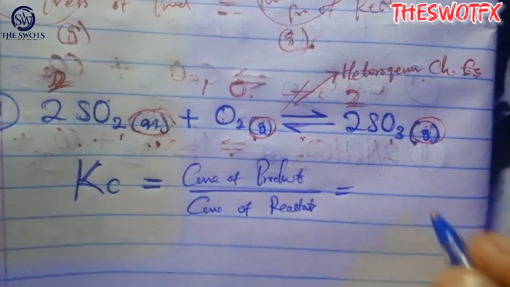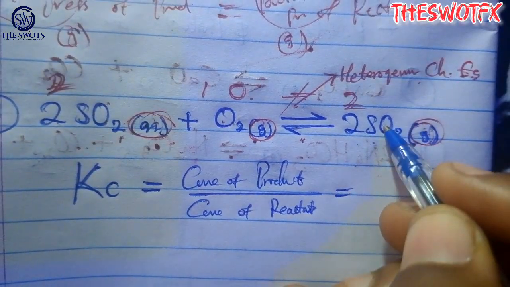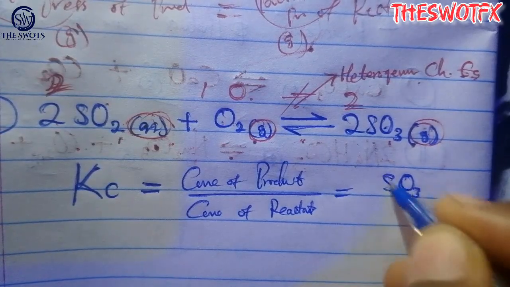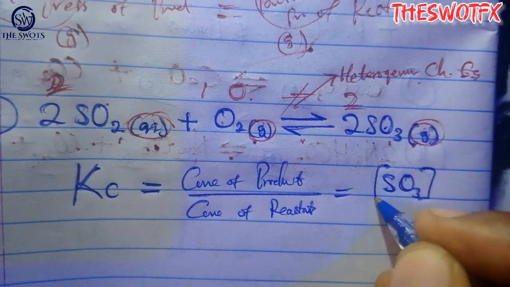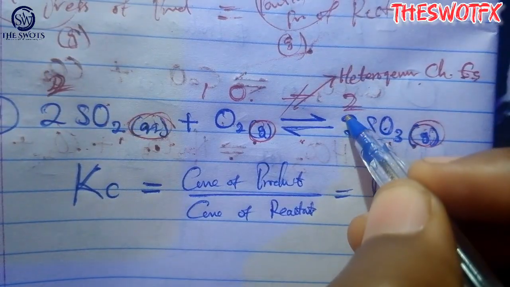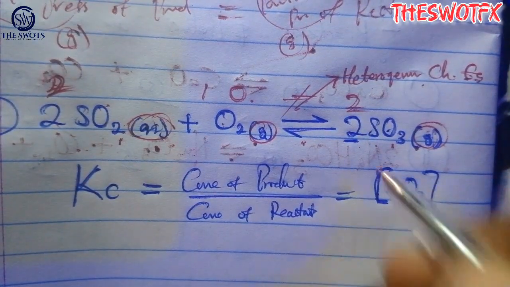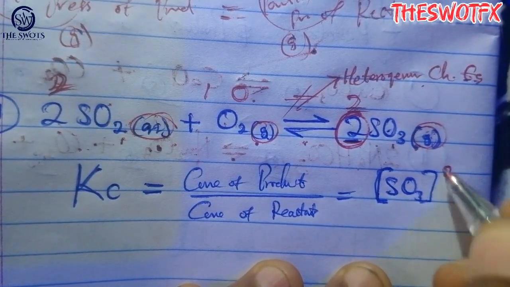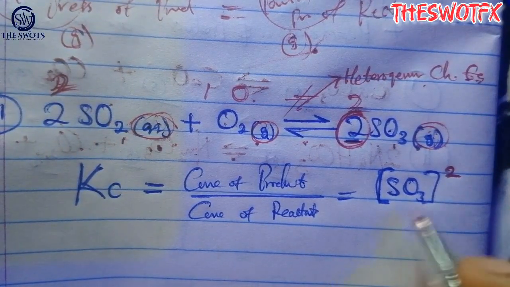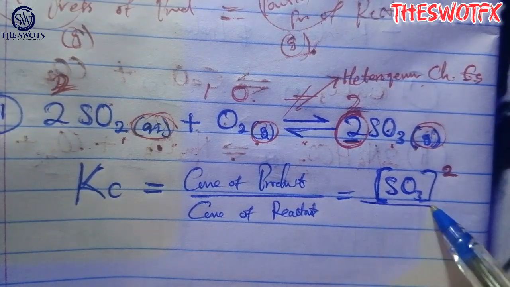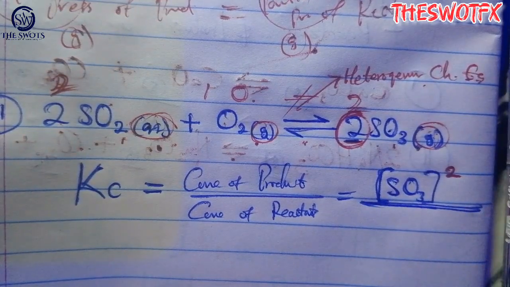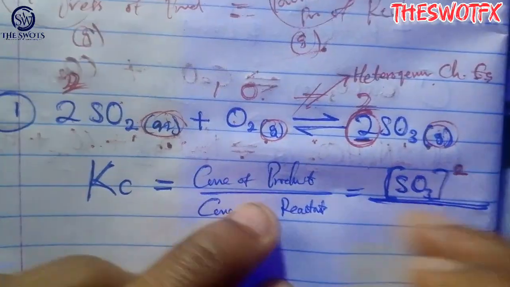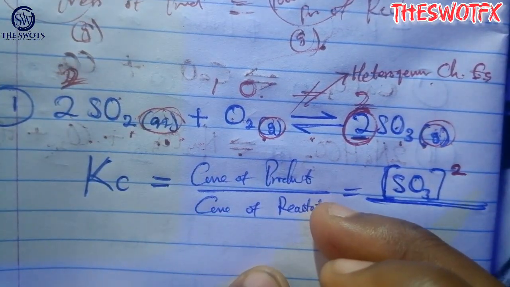Our product is SO3 in brackets, and the molecule of this product becomes the power. Then we have over our reactants. We are done with our product, then we are going to have our reactant.